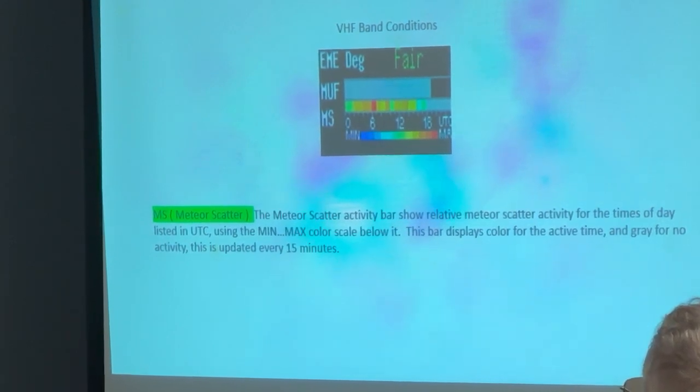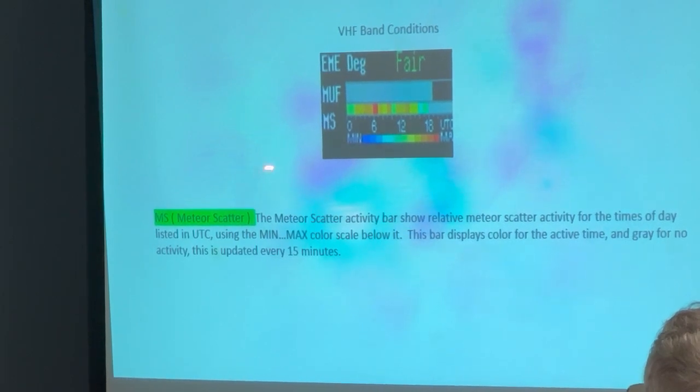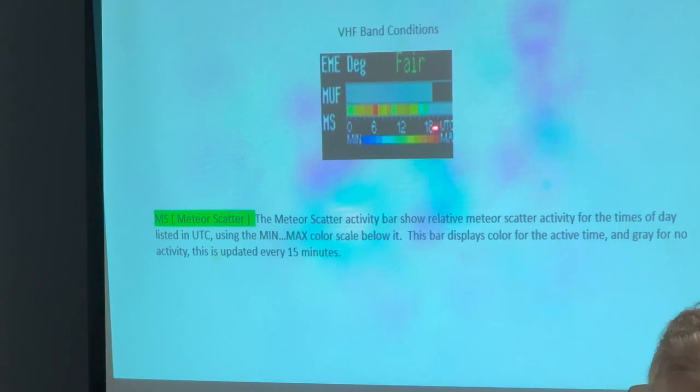And the meteor scatter, as I say, these are the times when they expect that you're going to be able to use this. For meteor scatter, you look to places like spaceweather.com, and they will tell you, we're going to have this particular meteor storm in the area, affecting the Earth's atmosphere.